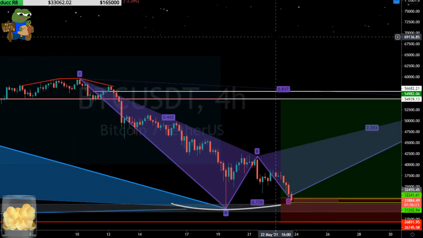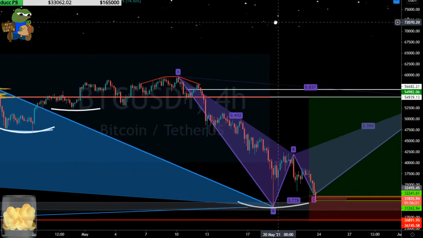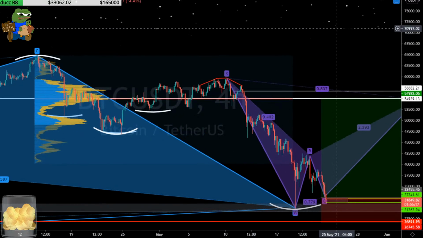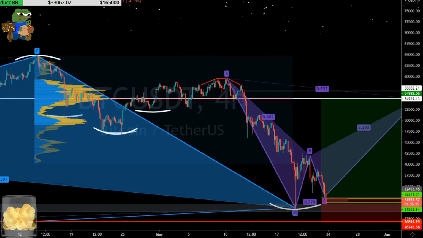The flippening or the split, what do you call that? I don't do the fundamental side of Bitcoin, but yeah, the halvening, 50%, half loss in price.